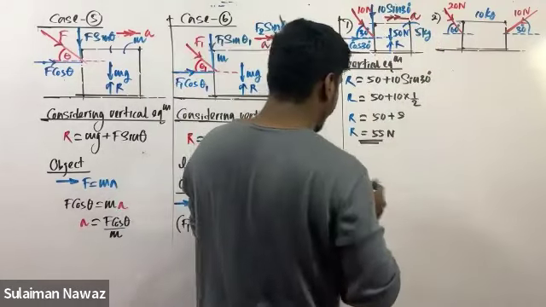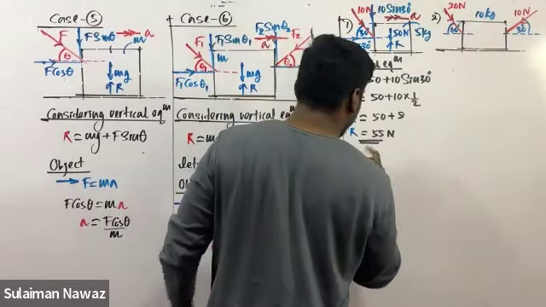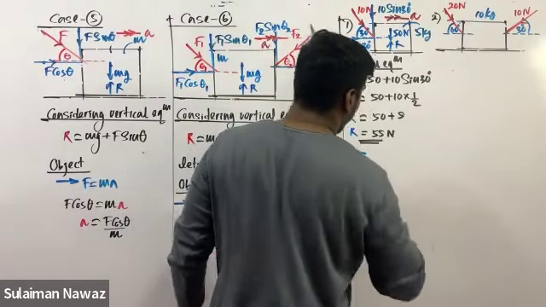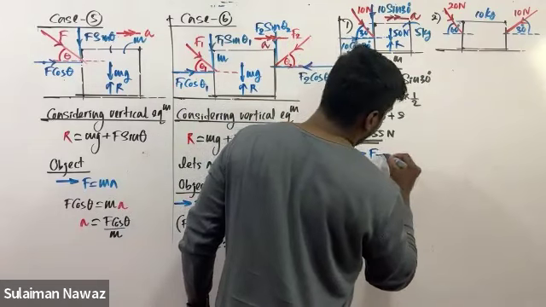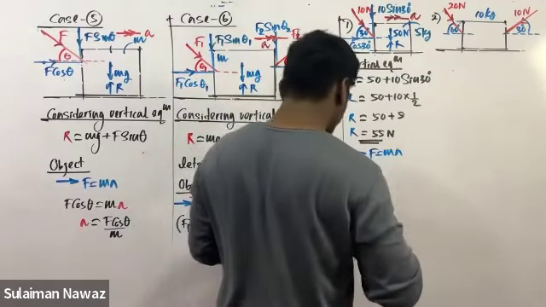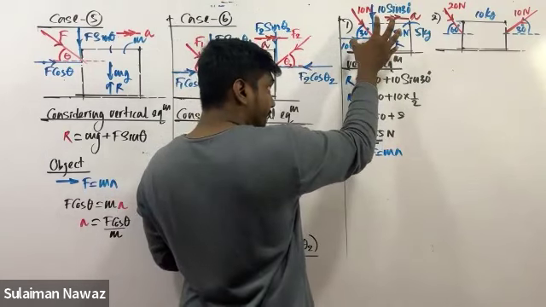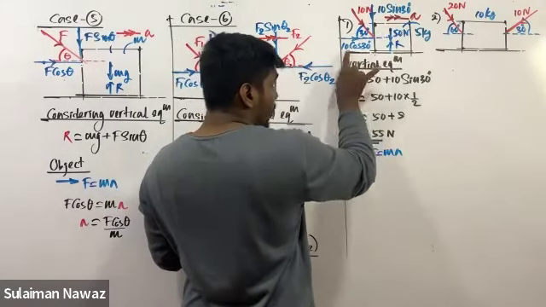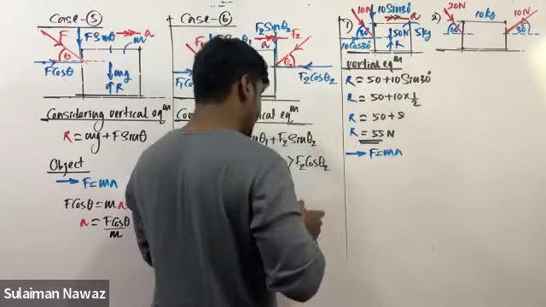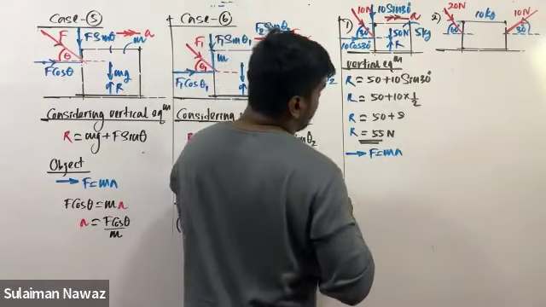Therefore, apply F equals ma in the direction of motion, with acceleration a. What is the resultant horizontal force acting on the object? Only 10 cos 30.